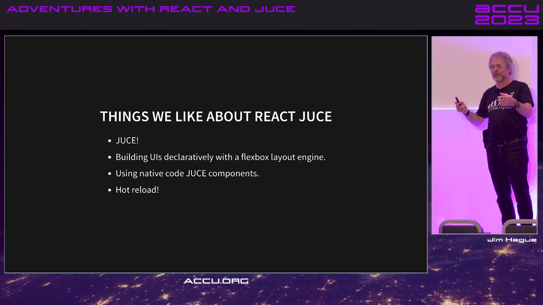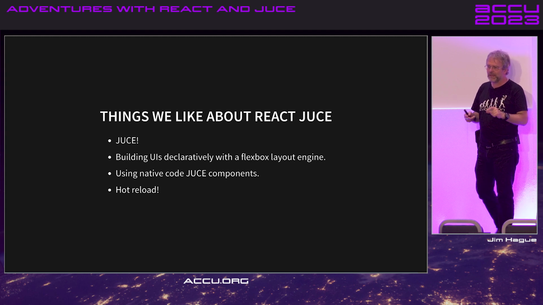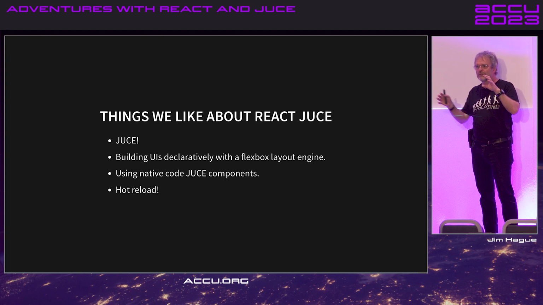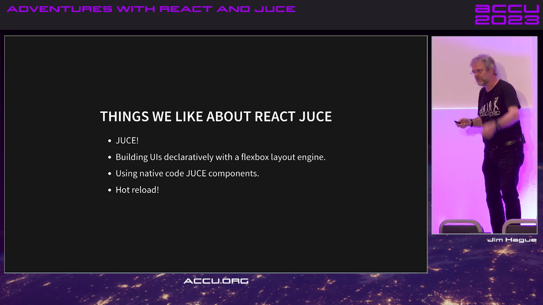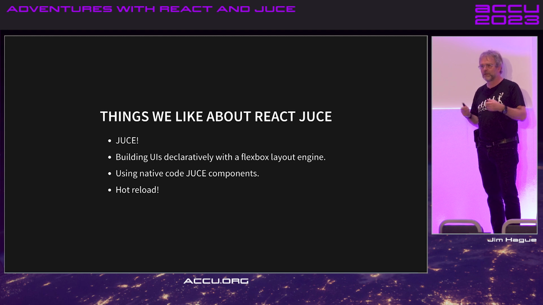If you change a color, you can see the color change in a second. If you change the layout, you can see the change in a second. This means that if you are needing to modify your UI, it can be a very quick thing to do compared to repeatedly having to go around a traditional compile and link cycle.